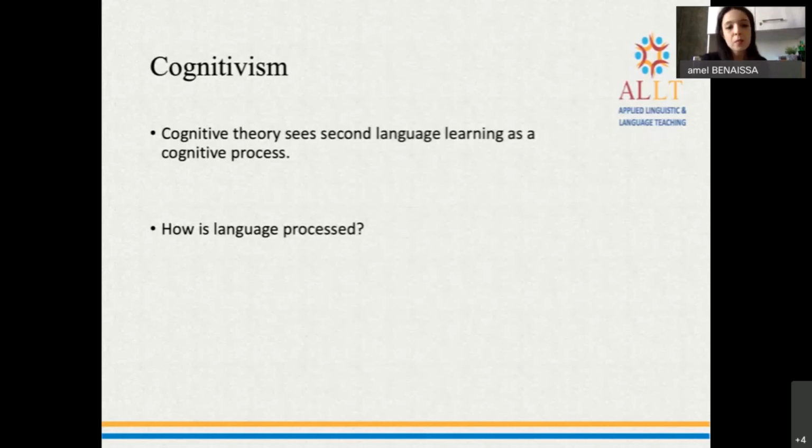And the question is how to maximize the learning process and how to maximize the cognitive process of learners to help facilitate this acquisition of new vocabulary, not only memorization, not only retention, but also recall and active use of vocabulary.